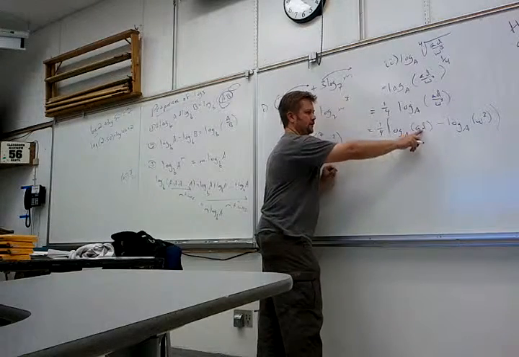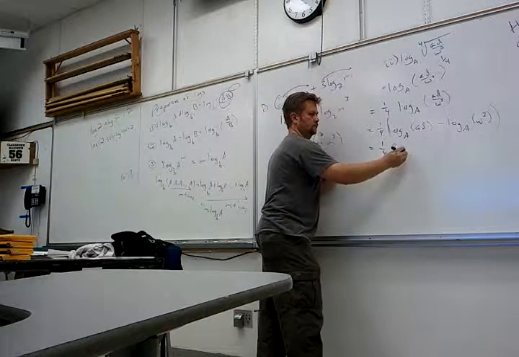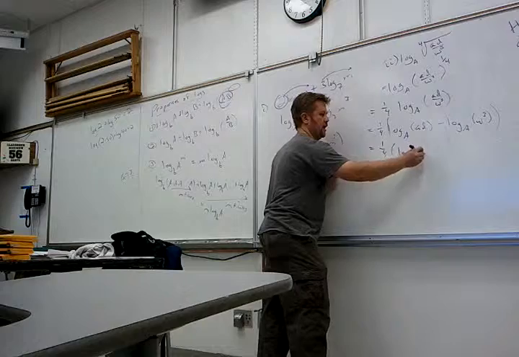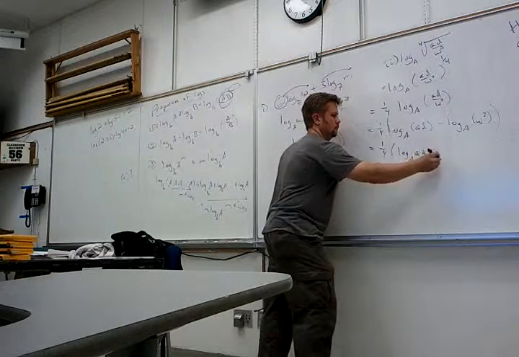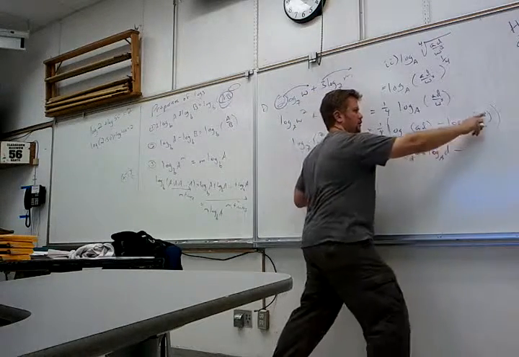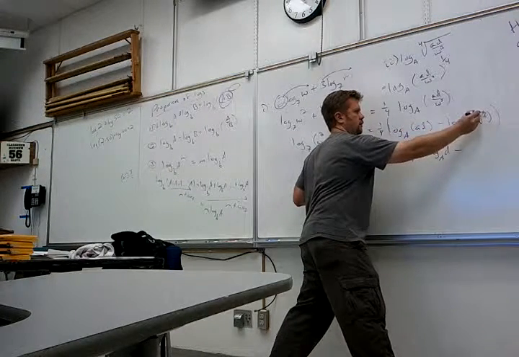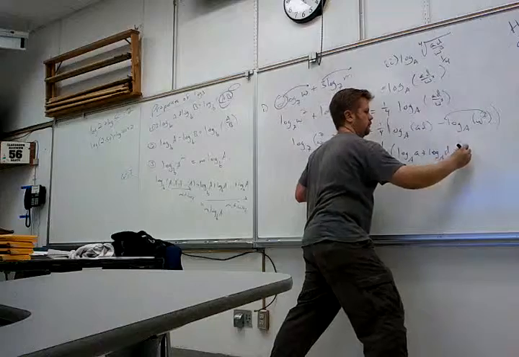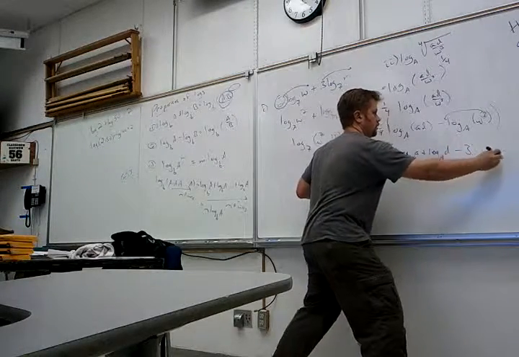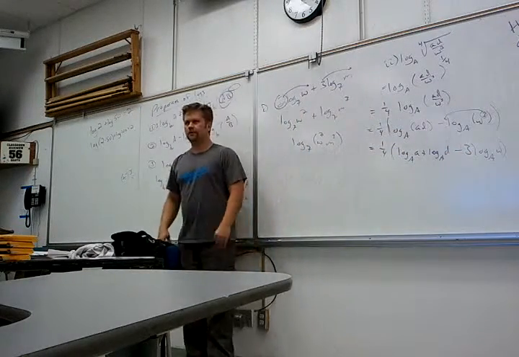And then how can I break this up? Add. Yeah, when I multiply, that means I add. And how can I break this? What's the one thing I can do with this? The power can come down. And then you can bring the 1/4 through if you wanted to, but that's plenty good.